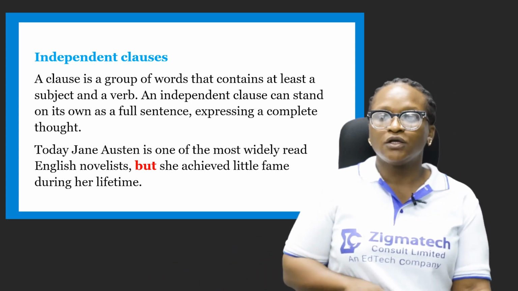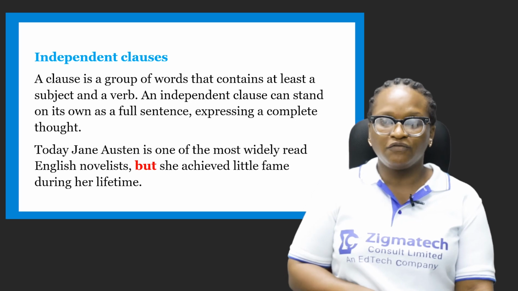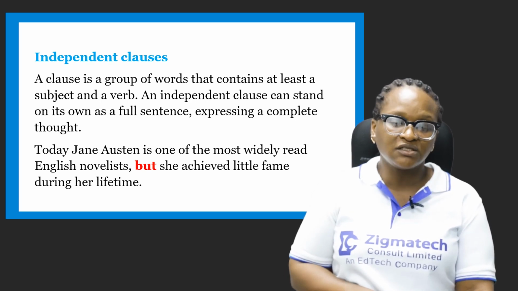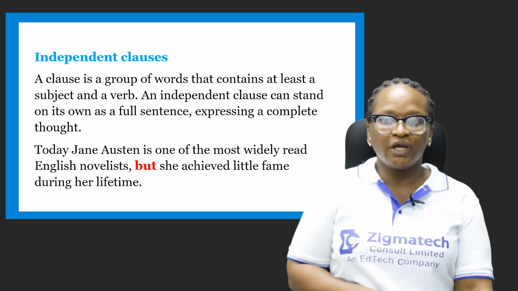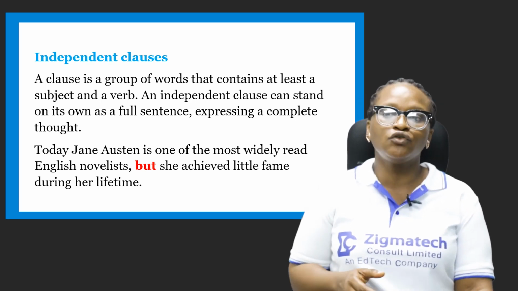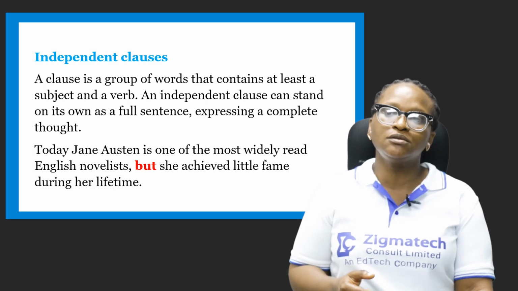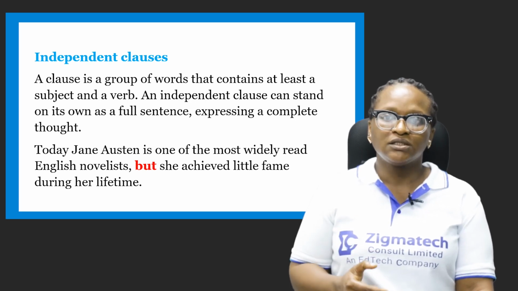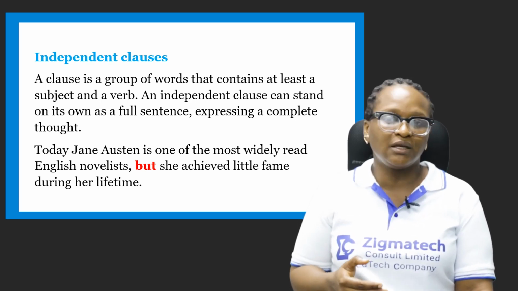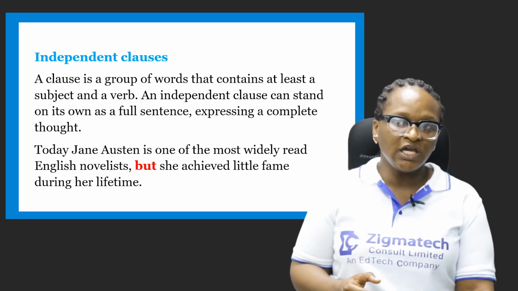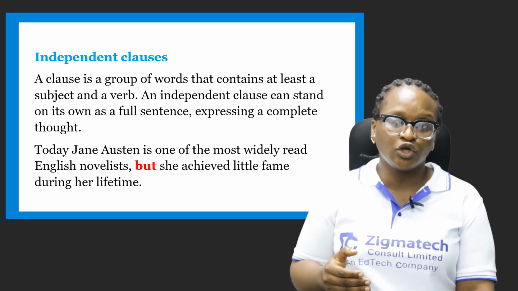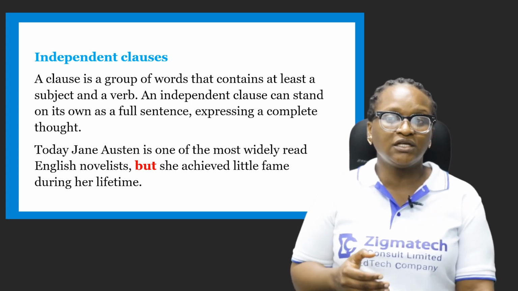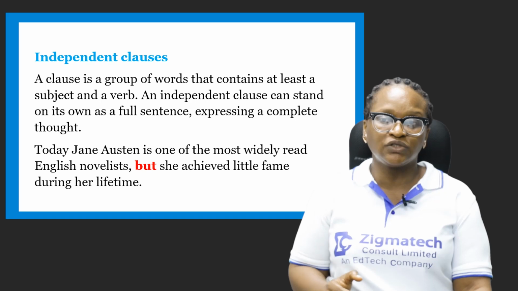So here we have: today, Jane Austen is one of the most widely read English novelists, but she achieved little fame during her lifetime. So we have used but to join two independent clauses. Jane Austen is one of the most widely read English novelists. It's a simple sentence, it's an independent clause, and we join it with another independent clause, which obviously is a simple sentence.